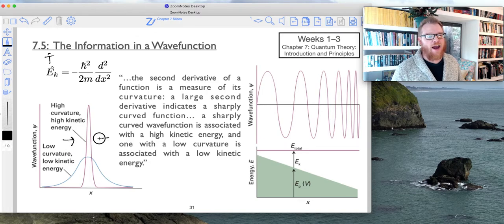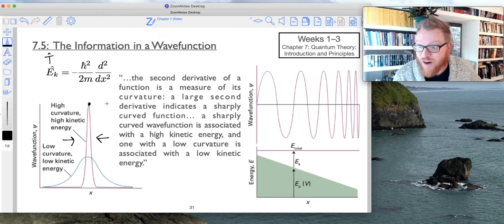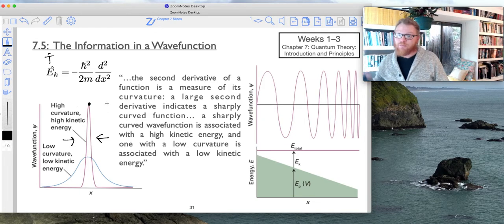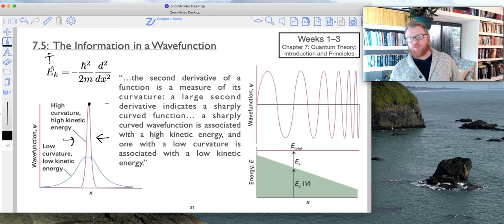I'm going to draw arrows going either way, moving into that place, okay? And we note, of course, in the Born interpretation, we would say the most likely place is right here. And of course, there's no curvature at that point at all. Right at that top point, the slope is 0. Very interesting. We're going to come back to that.